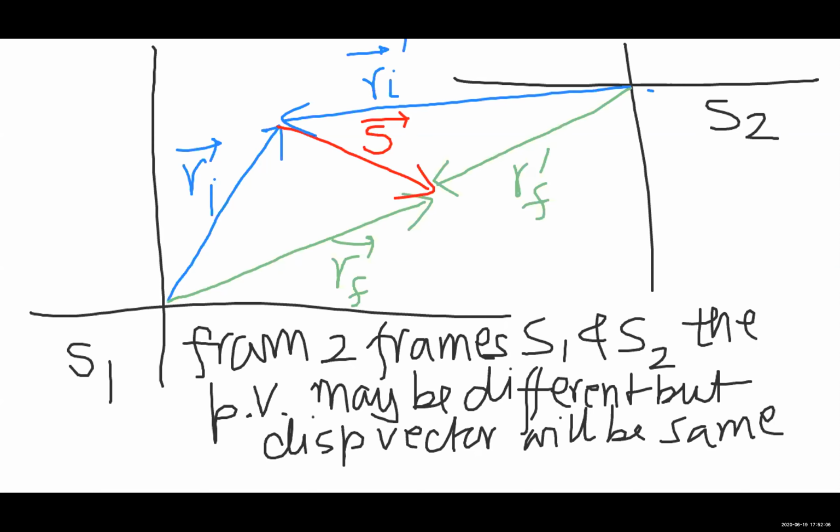So the path that you follow, the way that you go, is immaterial, is not required. We are just looking at the initial and final positions.